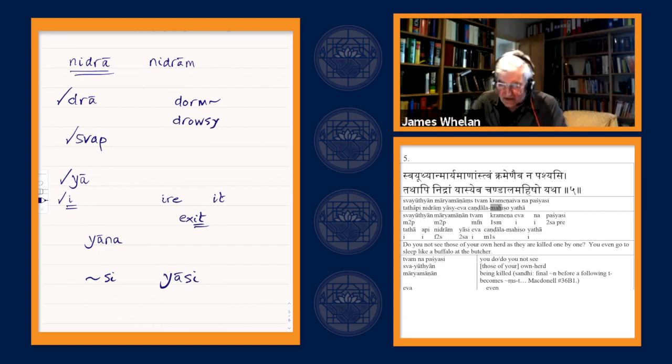And here it's yasi eva. You see yasi plus eva. You've got the word ending in an e followed by another vowel, so it becomes yasyeva by regular sandhi.